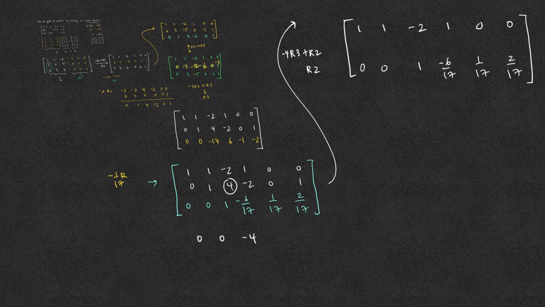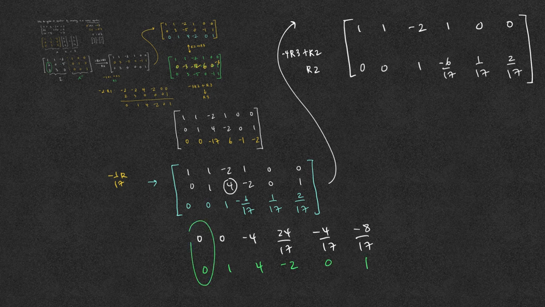Negative 4 times negative 6 is 24. Negative 4 times 1 is negative 4. And negative 4 times 2 is negative 8. We still have 17 in the denominator. Add this to row 2, which is 0, 1, 4, negative 2, 0, 1.